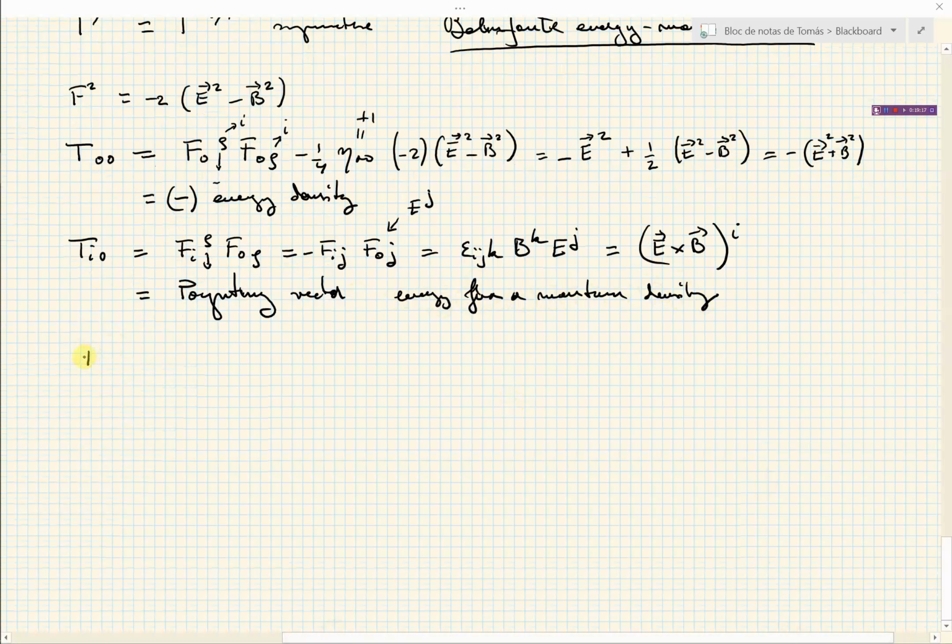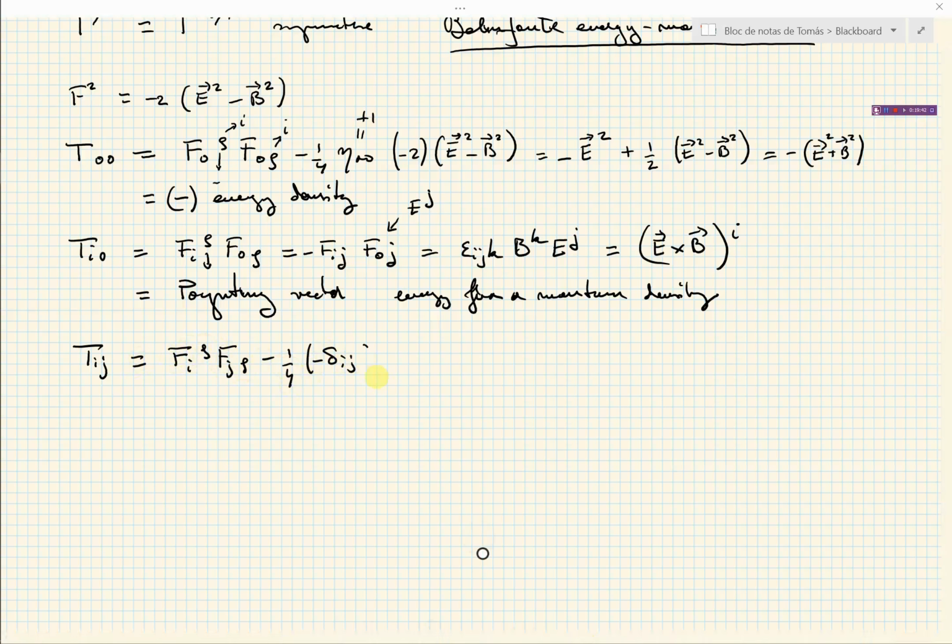Finally, we have to compute Tij. Ti0 and T0i are the same thing. So Tij, the calculation is a bit longer. So we have Firho Fjrho minus 1/4 eta ij, which is minus delta ij, and F squared, which is minus 2 (E squared minus B squared). Okay, now rho can be 0.